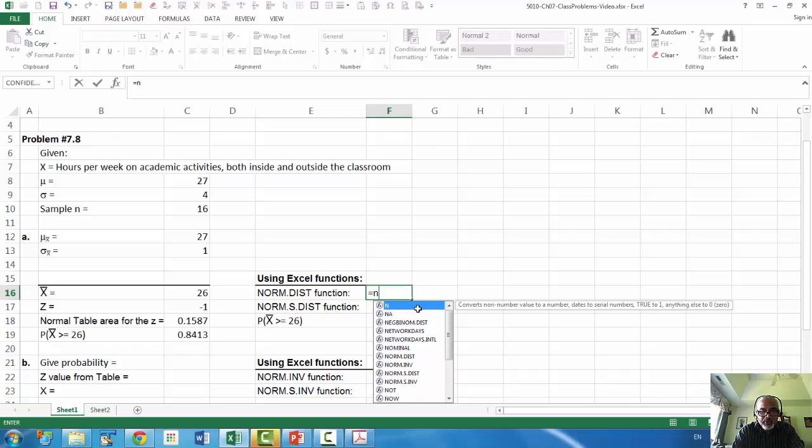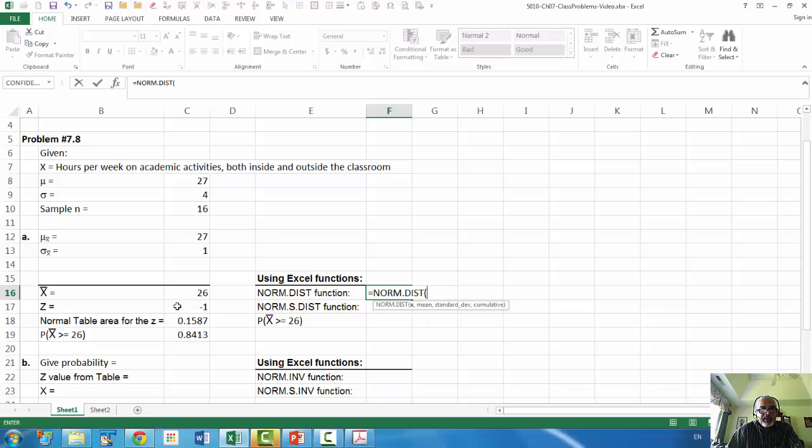If we want to use norm.dist, now x bar is 26, the mean is 27, and the standard deviation is actually the standard error because we are using x bar here. We want the probability for x bar, and then we have to have comma 1 for cumulative distribution.